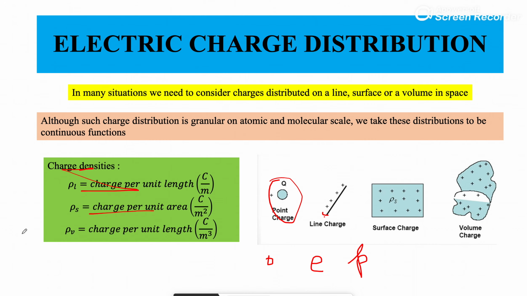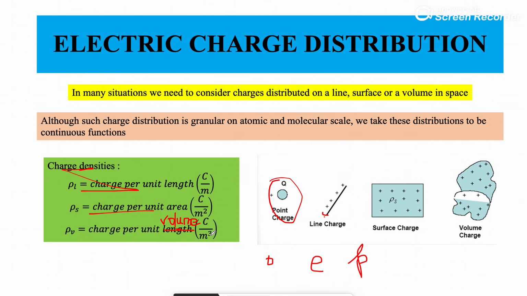You can have charge distributed in a region or in space. That forms charge per unit volume, the volume charge density, and you have it in coulombs per meter cubed.